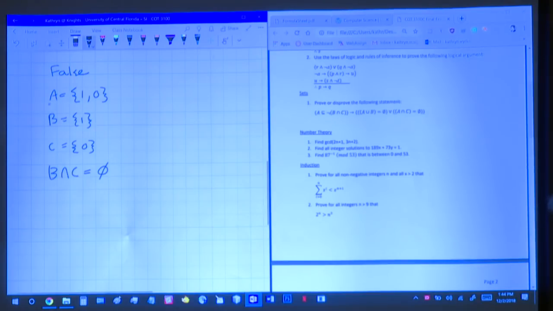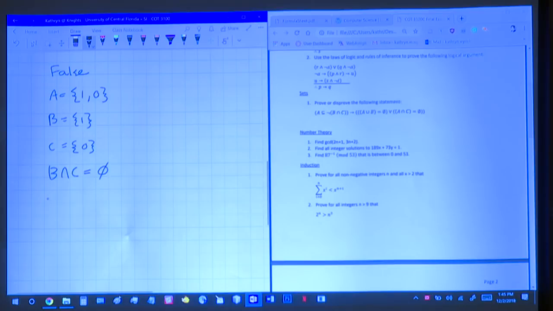And then that would make A not a subset of the intersection. But if we take the union of A and B, we'll obviously get 1 and 0. Then A intersection C would be equal to 0.